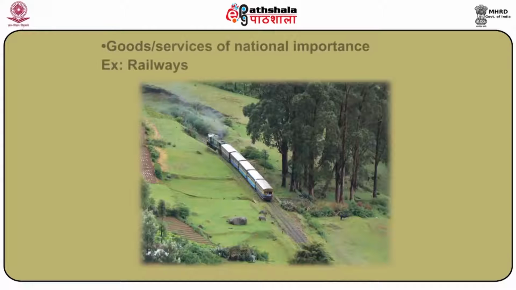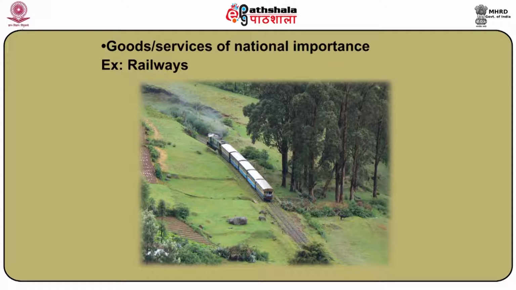For example, railways are of national importance, because they connect the eastern part to the western part, the northern part to the southern part. So in fact, it is a lifeline, and without Indian Railways, India cannot make much progress. This was established as a form of departmental enterprise so that the country can achieve overall growth in the days to come.